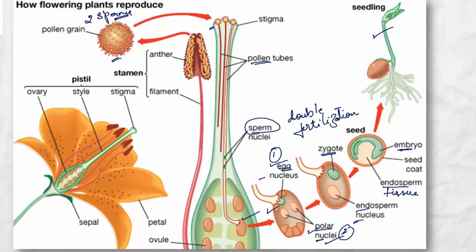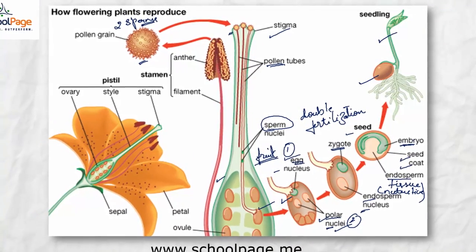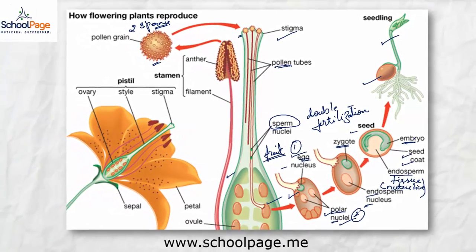This endosperm tissue is nothing but the nutritive tissue for the growing plant, and also a seed coat is developed for the protection of the embryo. The ovary which had all this turns into a fruit after fertilization. This is how a flower transforms itself into a fruit after fertilization.